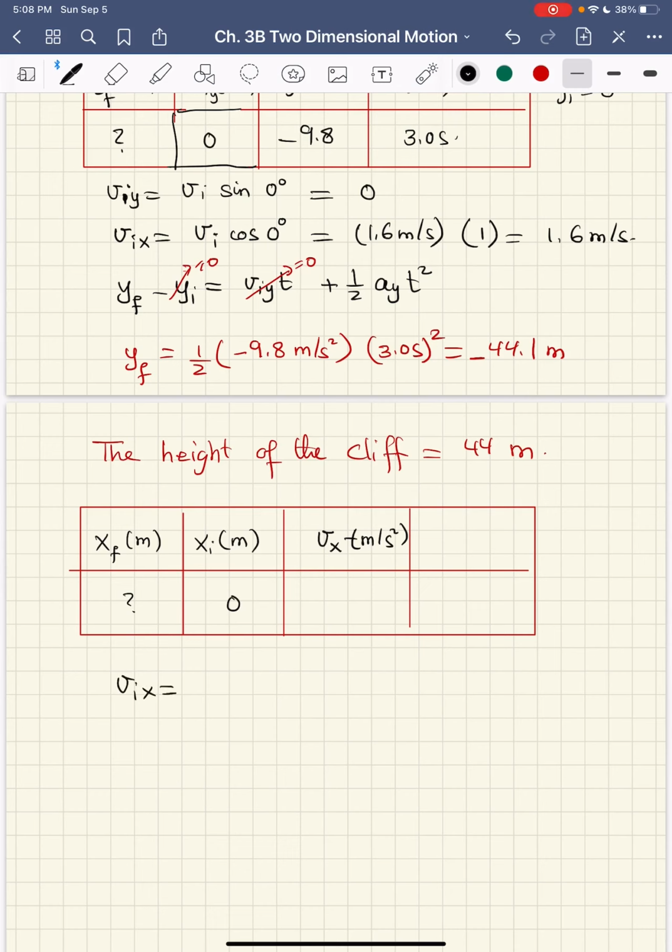Vix, we said, is going to be 1.6 meters per second times 1, which is the cosine of 0, and this is going to be 1.6 meters per second. There is no square here.